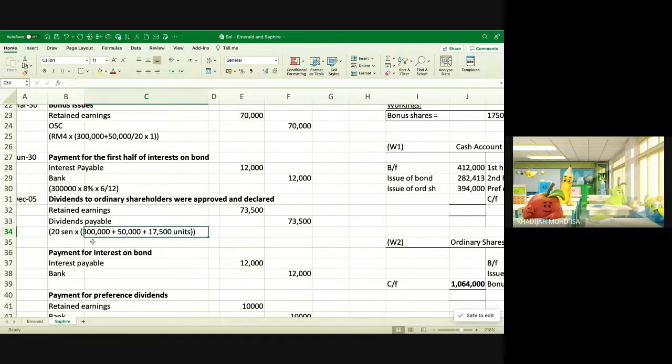So you have 300,000 plus 50,000 new shares, and 17,500 bonus shares. Total times 20 cents. Debit your retained earnings, credit your dividend payable. You're going to pay that later.